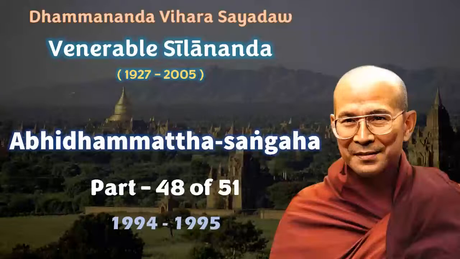And also sometimes they are internal and sometimes they are external. Cittas and cetasikas are internal, and rupa are both internal and external. We can have rupa in our bodies, and also we can have rupa outside.